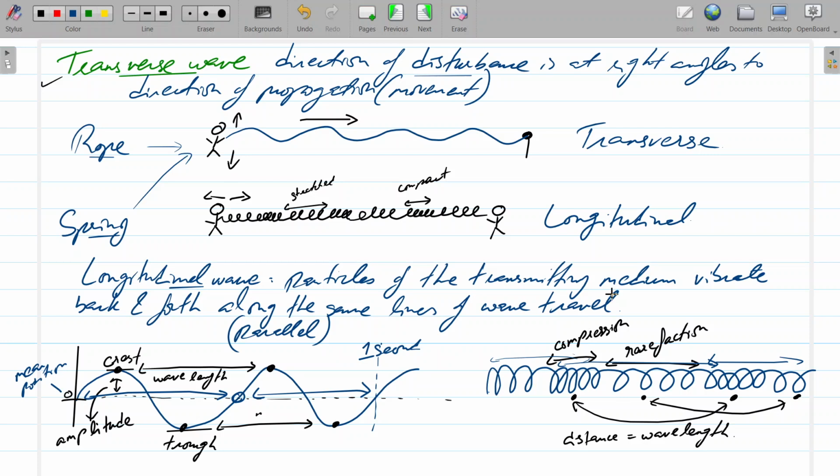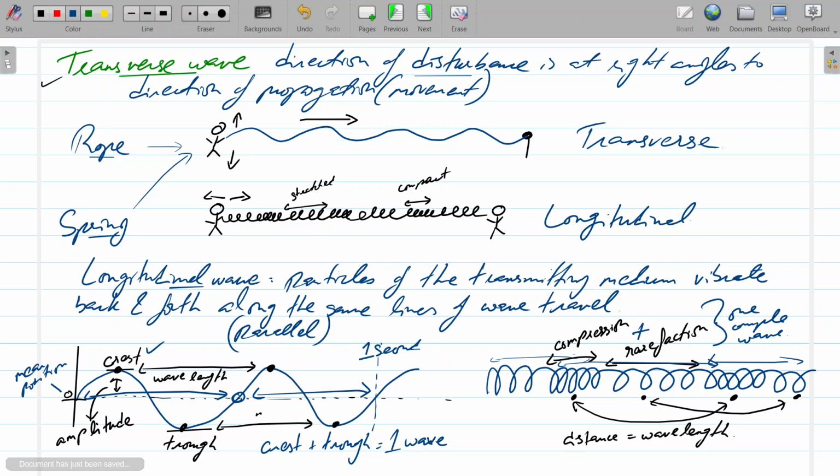The point is that one compression and one rarefaction completes the wave. This is one complete wave, a crest and a trough. It's one complete wave, not one complete hertz.